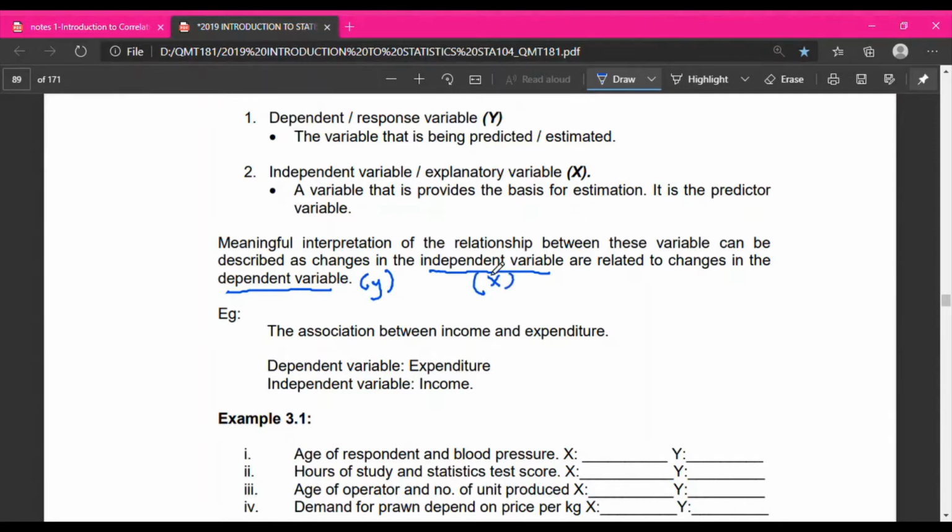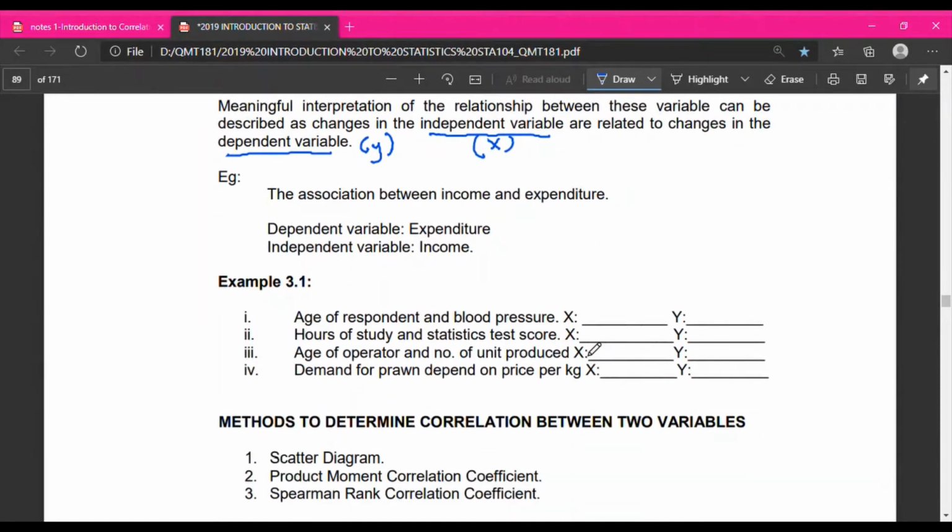Contohnya, for this example, the association between income dan expenditure. So income dan expenditure ada dua variable income dan juga expenditure. So which one is the y dan which one is x? Okay, y adalah dependent variable, which is y depend on x. So you kena tengok logik, which variable depend on which variable.